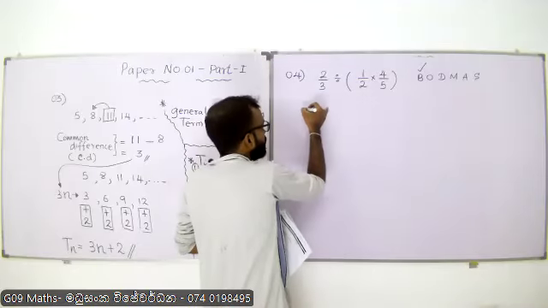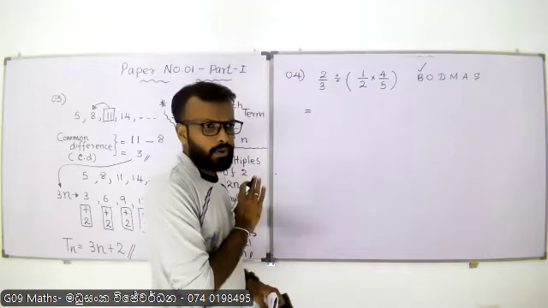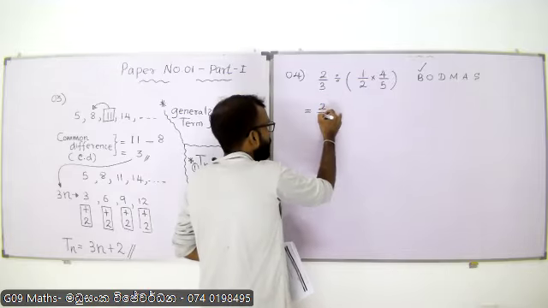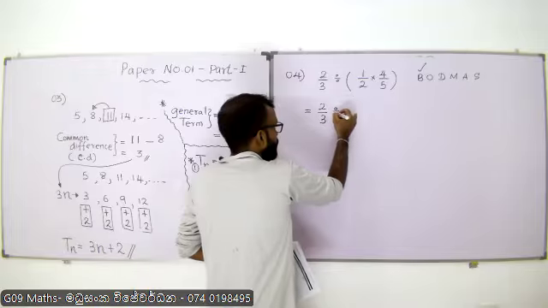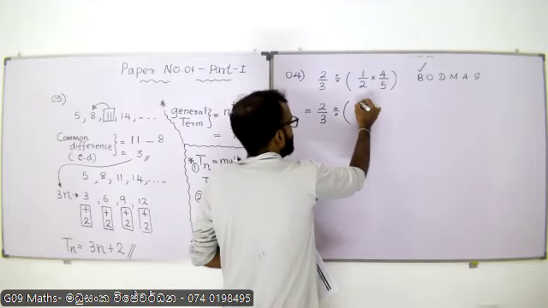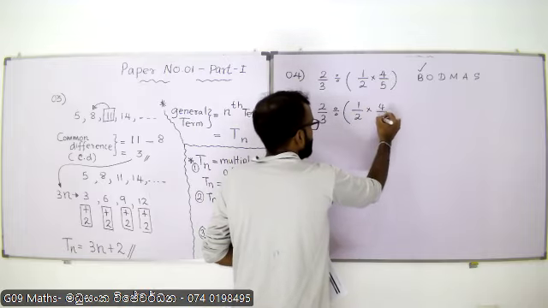So equal mark. This equal mark is very important. Don't capitalize it. Right? 2 upon 3, division, brackets, right? So I am going to rewrite it and I am going to simplify.